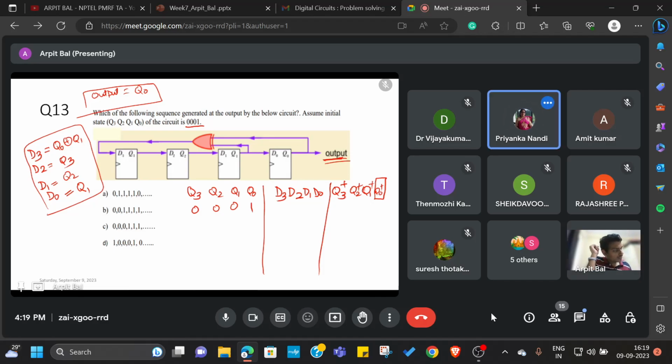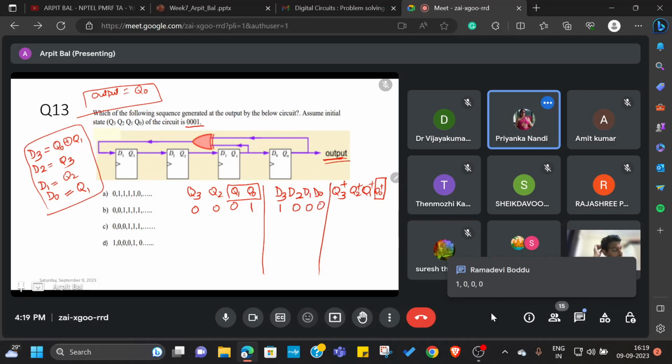D3 is 1. Correct. So you need to look at these two bits for determining the D3 value. What is D2, D1, D0? 0, 0, 0.